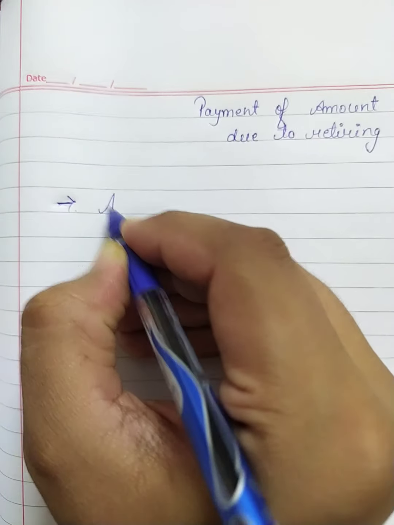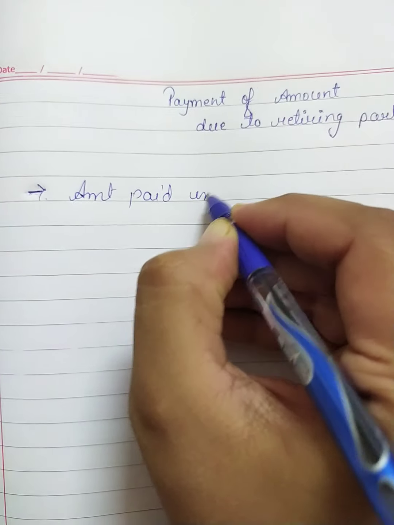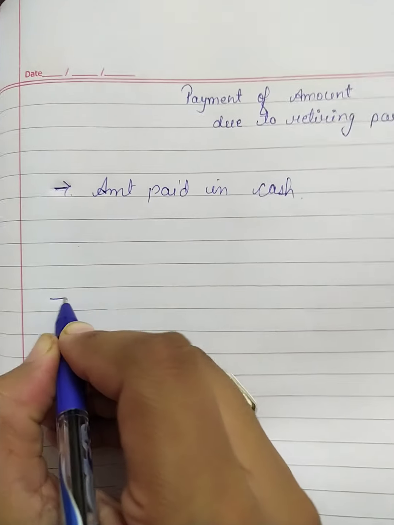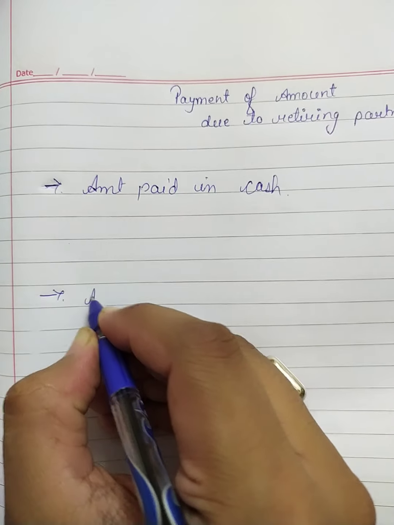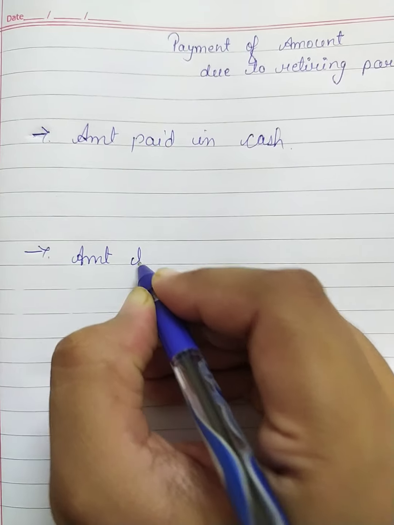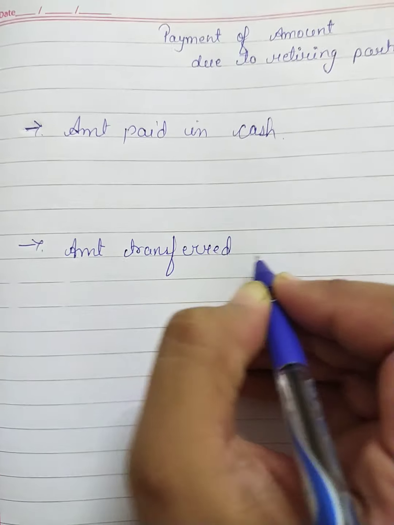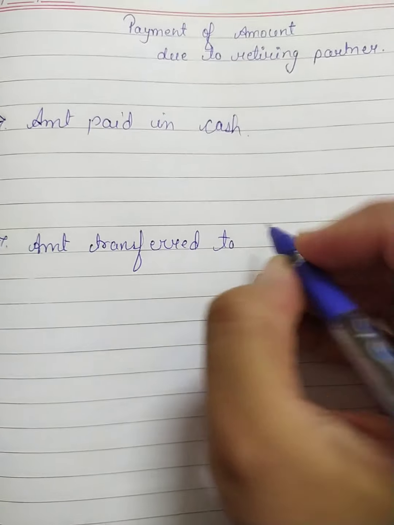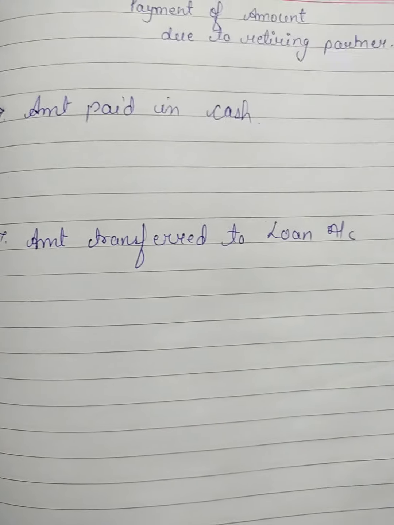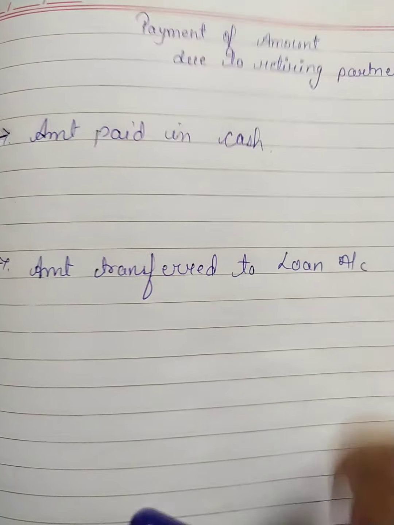First one is amount paid in cash, or the second one is the amount which is due to the retiring partner that has been transferred to loan account. It means we have converted the amount due to retiring partner into a loan.